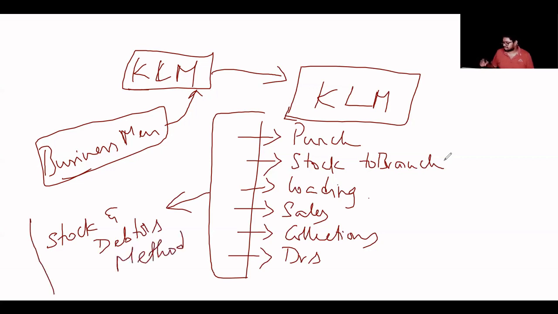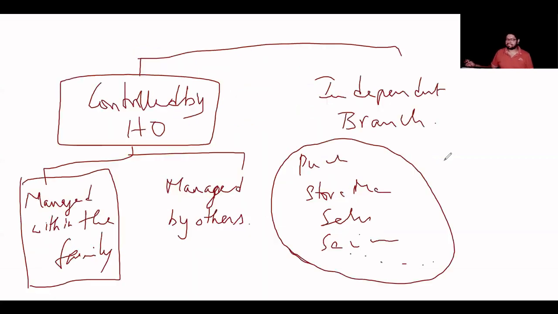Okay. So now in total, if you observe types of accounting, the first is called independent branch accounting, where the branch maintains its own set of accounts. At the end of every period, he will give you a list of expenses, incomes, assets, liabilities in the form of a trial balance.